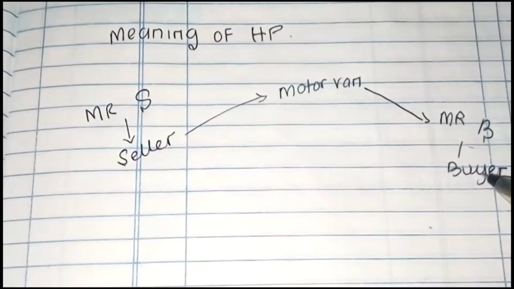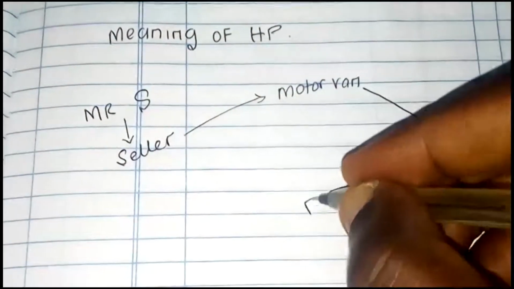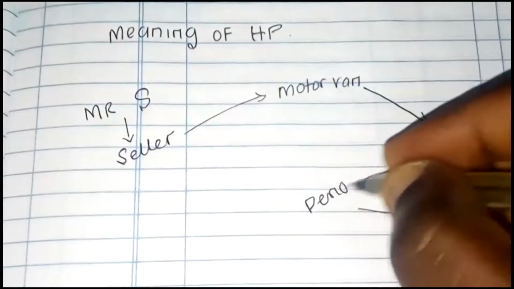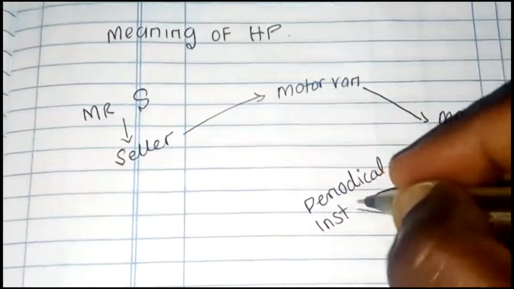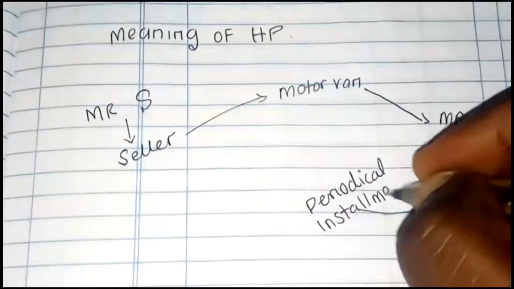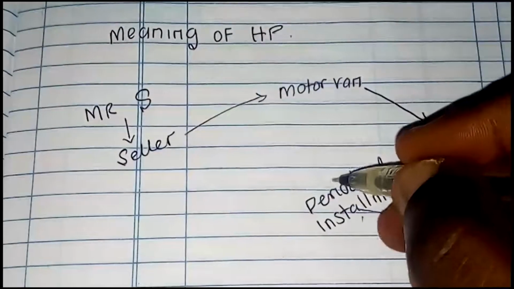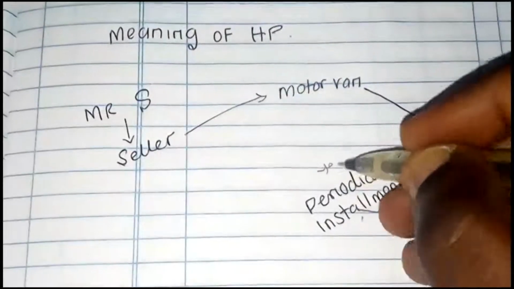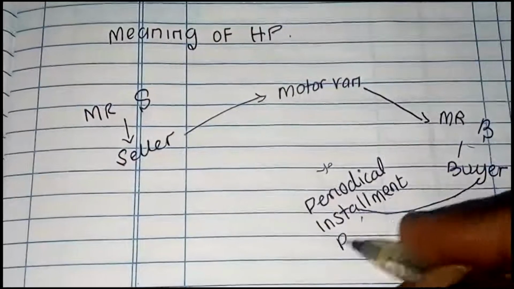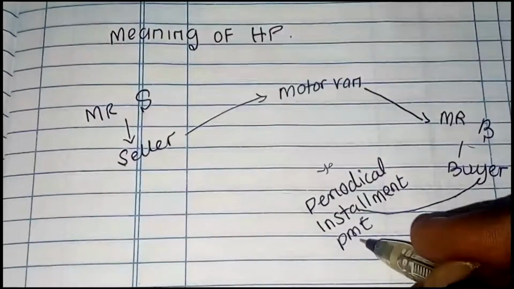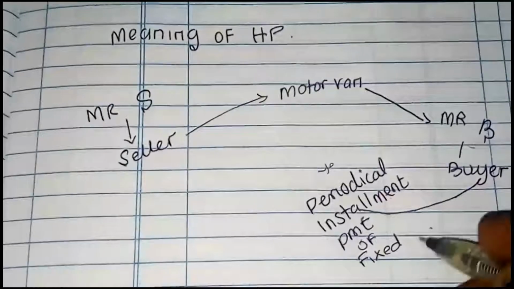Then Mr. B agrees to make periodical installments, periodical in the sense that, for example, on a yearly basis he will be making payments on an installment basis, payments of fixed amount, take note, of fixed amount.